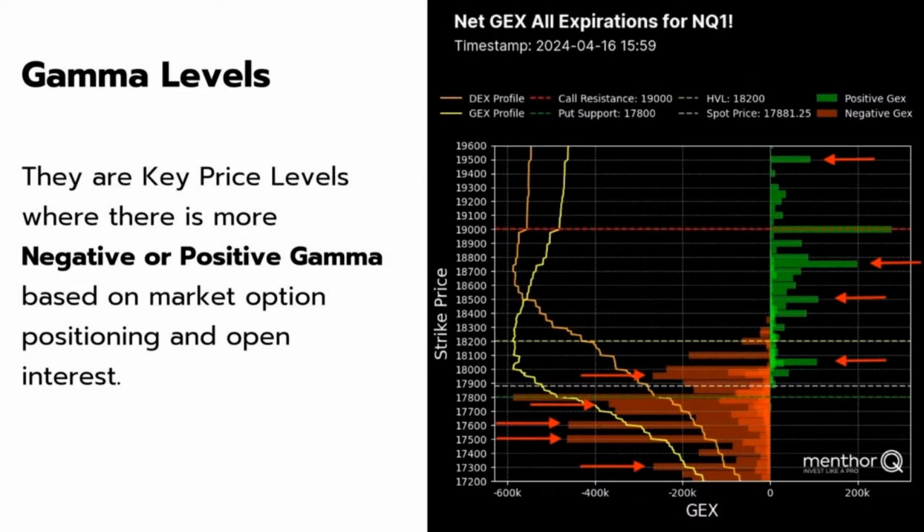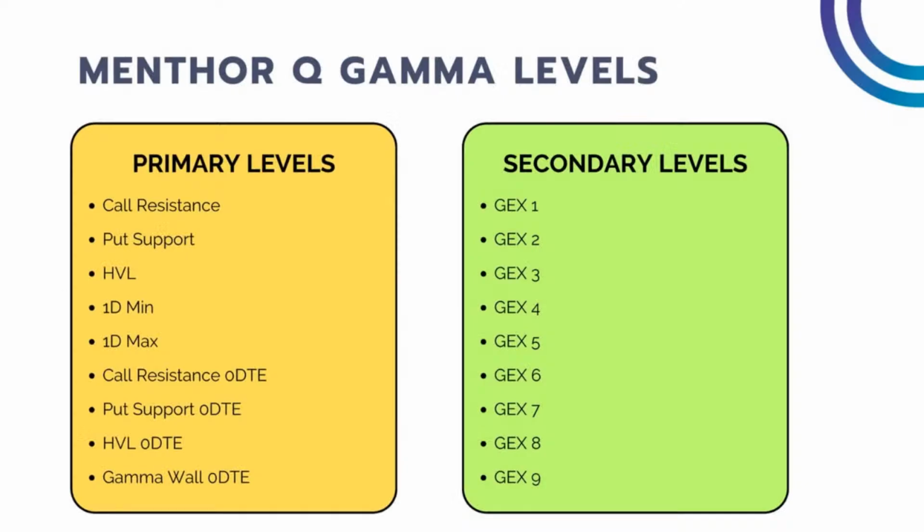The chart that you see here represents the areas, the strike prices, where you have the highest positive and negative gamma. If you missed the first two sessions, you can find them on YouTube and within the academy, where we explain what the gamma levels are. We also have a course about it that you can access.